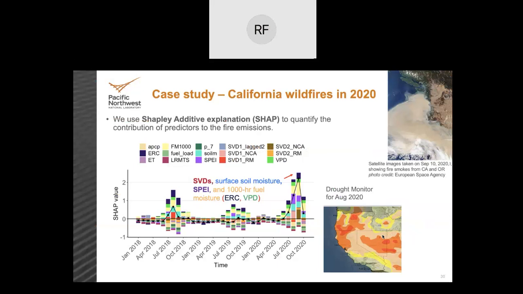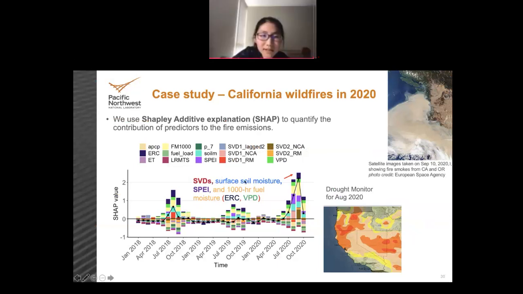Actually, it does not, because for this model we include the NASA lightning detection, and it has a very coarse resolution. So you can see the dark purple over here actually has negative contribution, and I don't think it is important for this case at monthly scale. Okay.